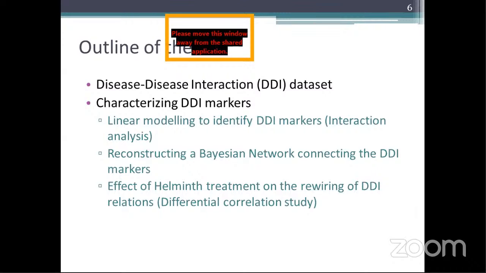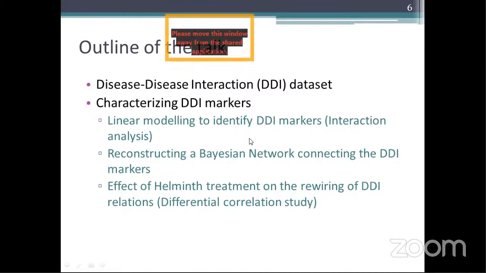In this talk, we look at the overview of the data set that was used to understand the disease interaction. Then we'll look at the interaction analysis that was performed to identify the DDI, that is the disease interaction markers.